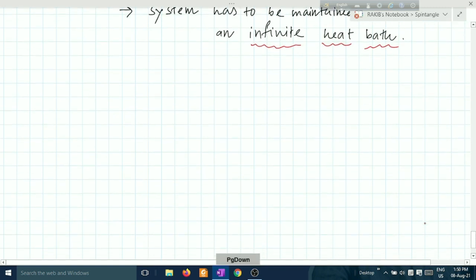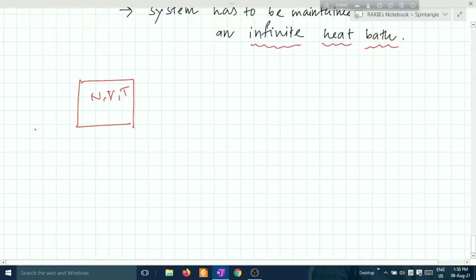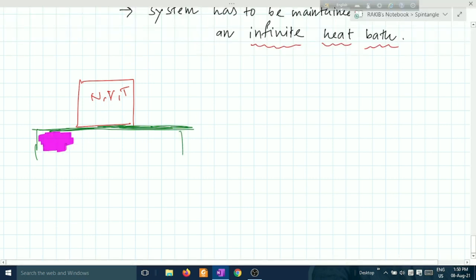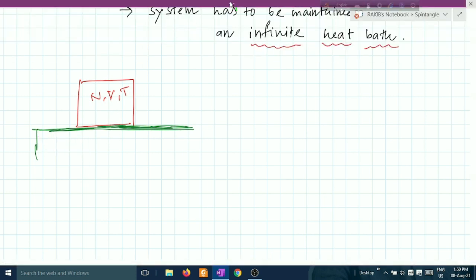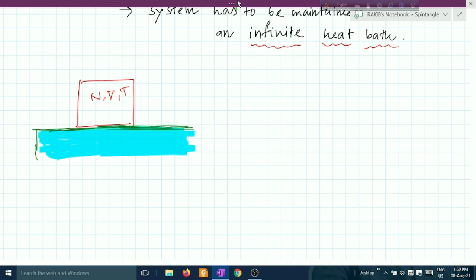I'm elaborating this. Say this is our system in which N, V, and T have to be constant. This green thing is an infinite heat bath.